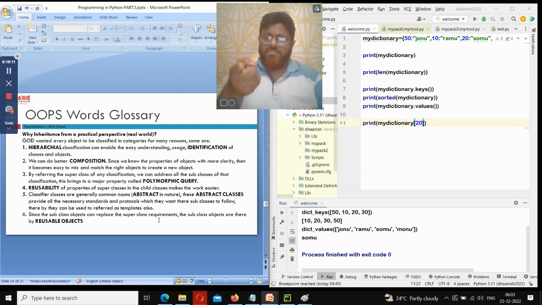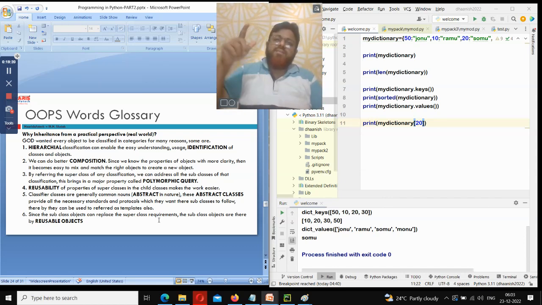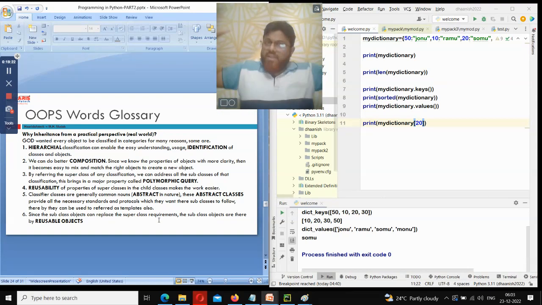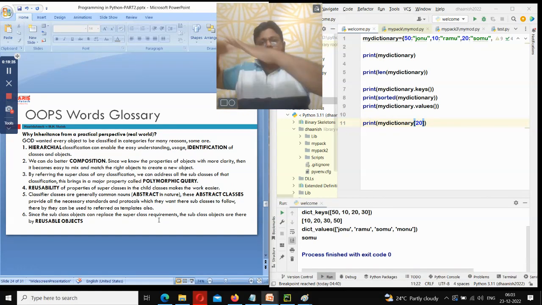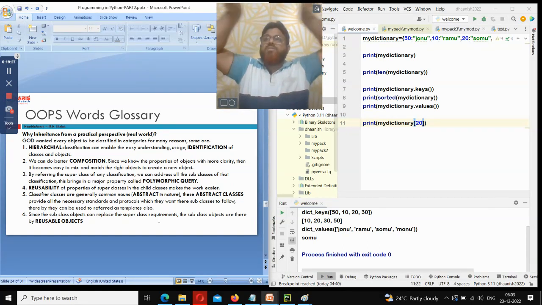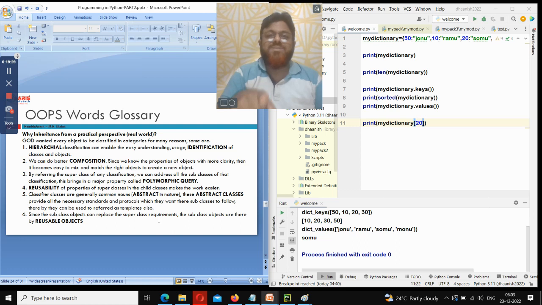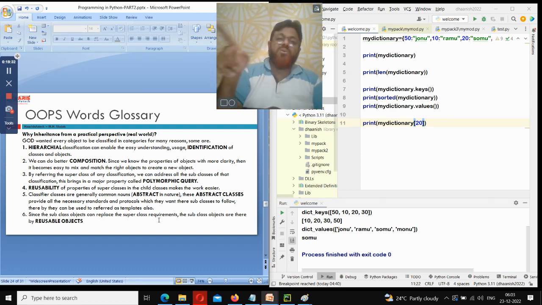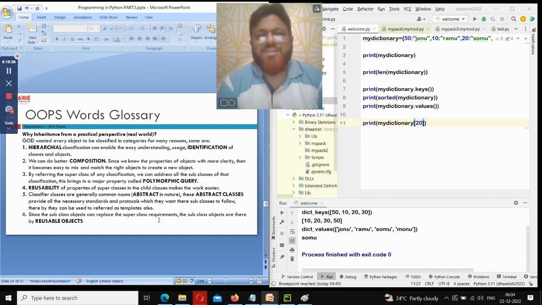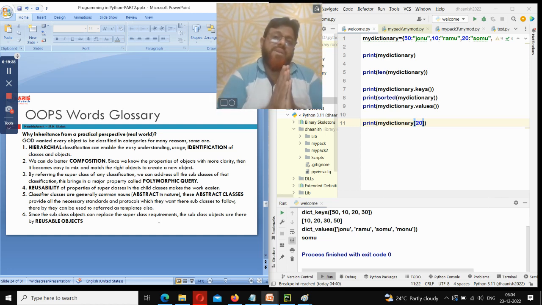That means the object of the parent class becomes reusable. If I say this paintbrush is for red paint, then it is only for red paint. But if I put it in inheritance, paint, red paint, blue paint, green paint, and I say the paintbrush is for paint, then the paintbrush becomes reusable. So objects are also reusable. Please understand, guys, there are plenty of advantages of inheritance. So next time when somebody asks you what the advantages of inheritance are, say I put 6 points here.